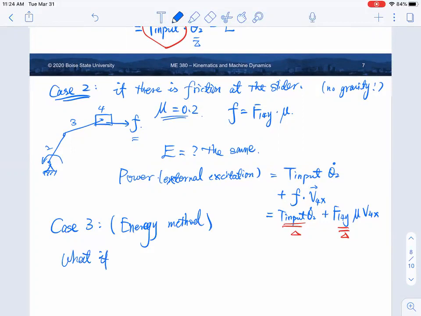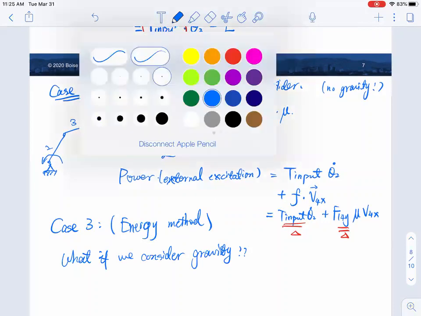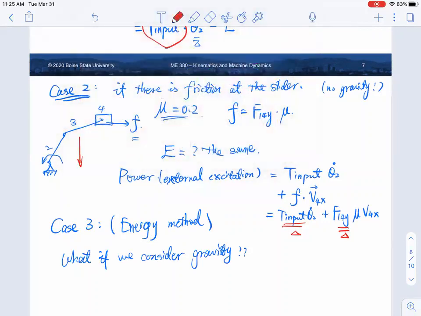What if we consider gravity? So the same problem, but then there is a gravity going down, G. Can we use energy method or not?